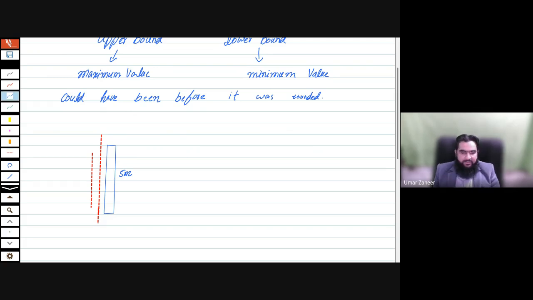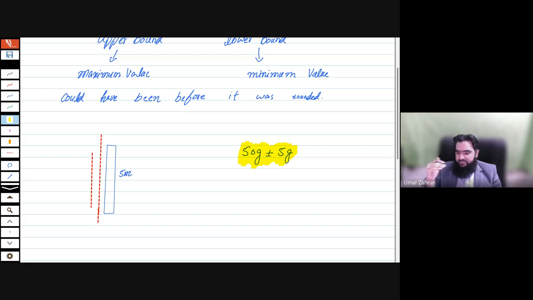For example, if you go to the market and purchase some chips, on the chips it is going to be written as 50 grams plus minus 5 grams, right? This value must be mentioned on the packet, mostly in this way.